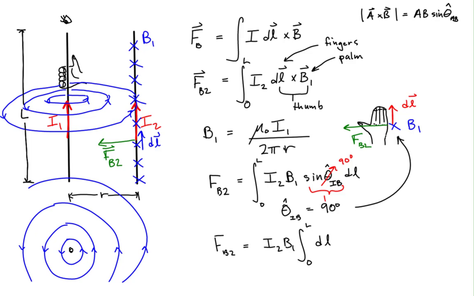And when we integrate this, it is just the product of the current in wire 2, the magnetic field due to wire 1, and the length of wire 2.